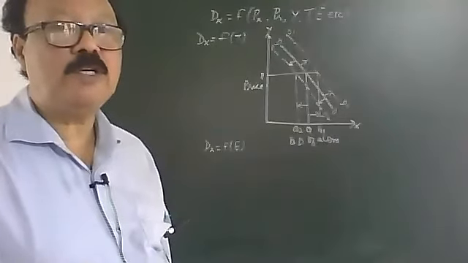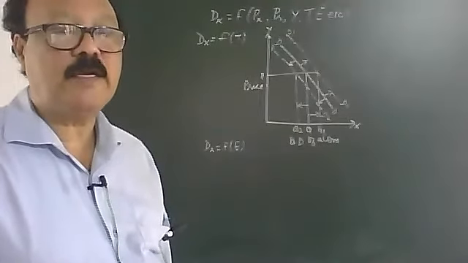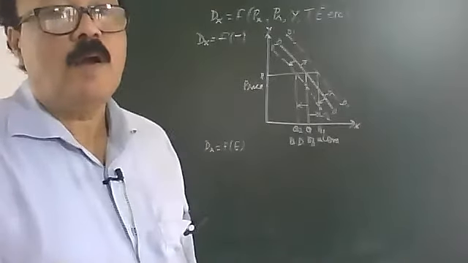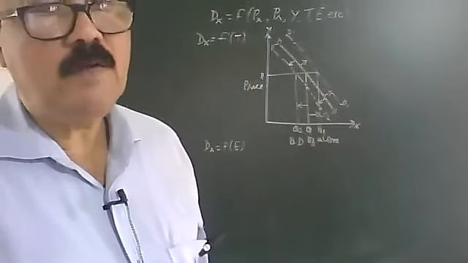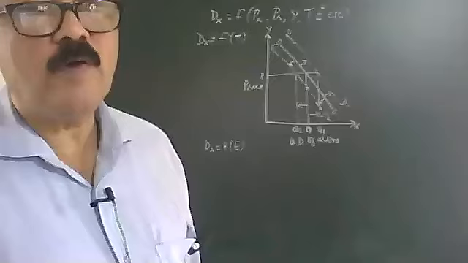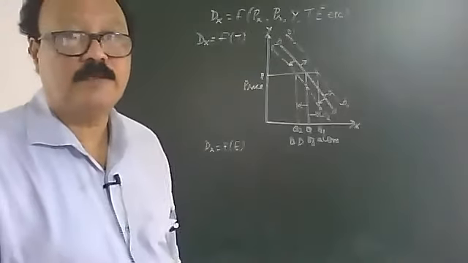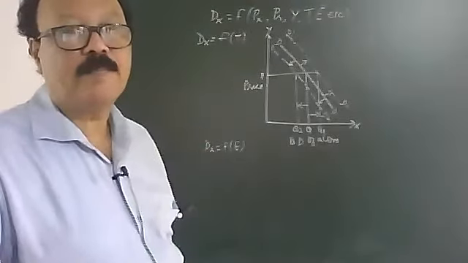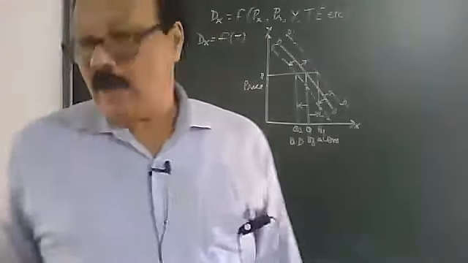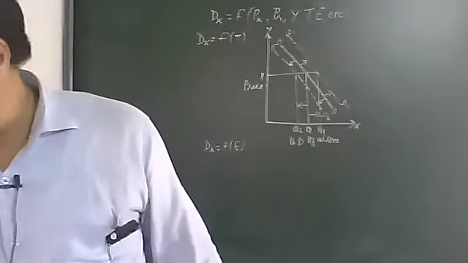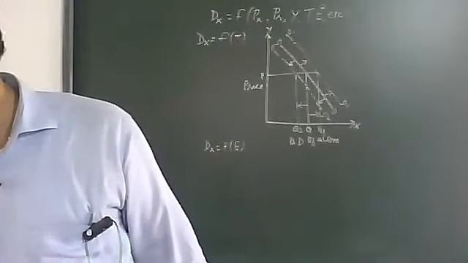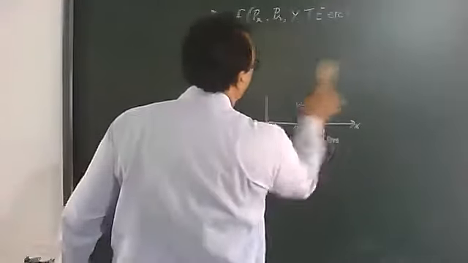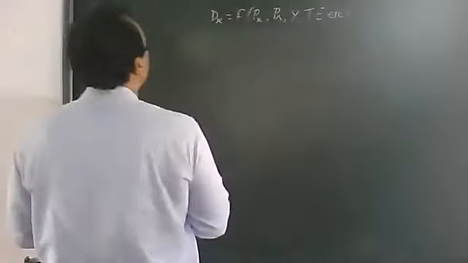So expectations also is an important factor for determining the demand for a good X. Okay, this was all individual demand. Now we come to the next topic, which is market demand. Market demand, factors affecting market demand.